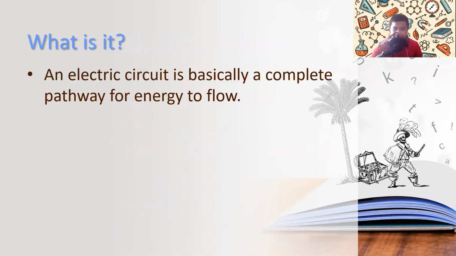An electric circuit is basically a complete pathway for energy to flow. Imagine your house, and your house has a driveway for your car, and your car goes out and you can go to school through the driveway. That is an example of an electric circuit. It's a driveway. It's a road for energy to travel.